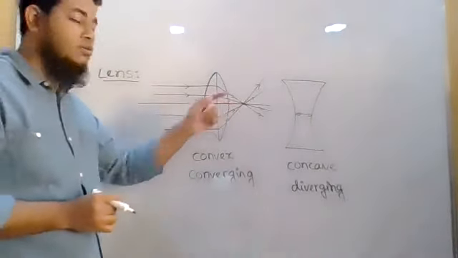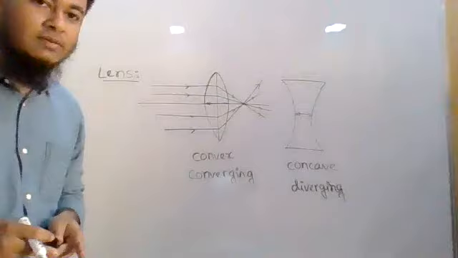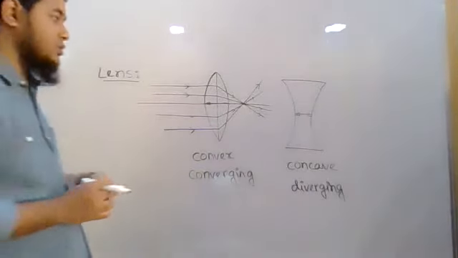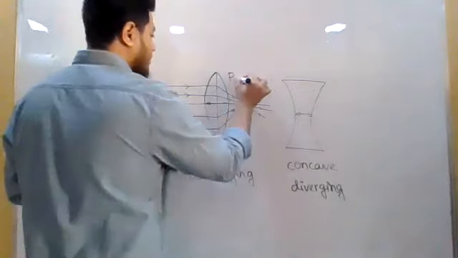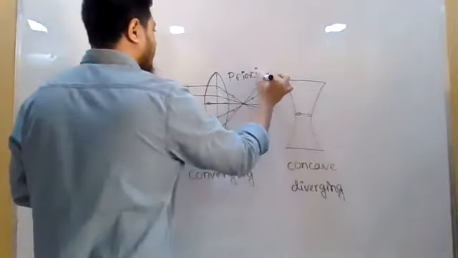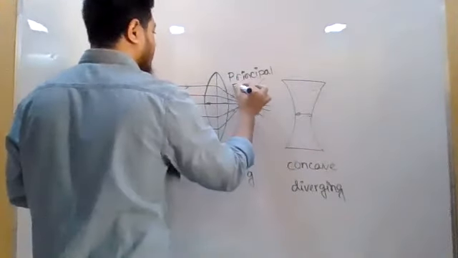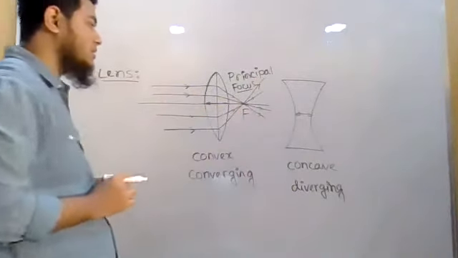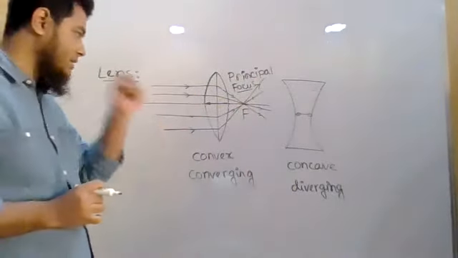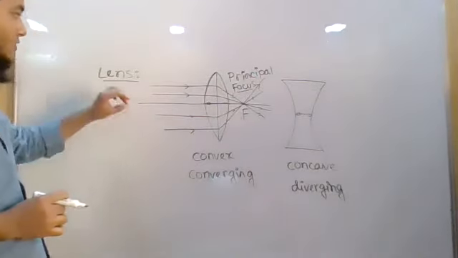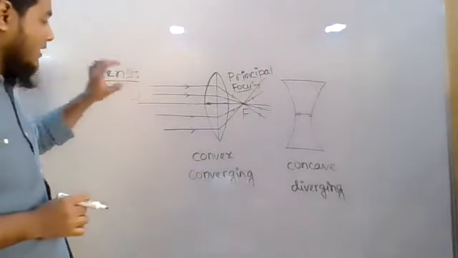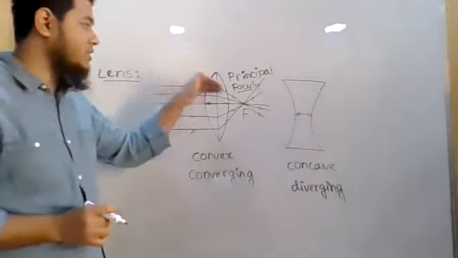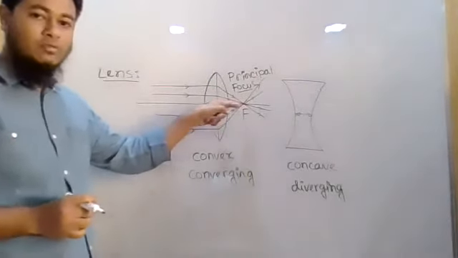And the point that it will pass through, can anybody tell me the name of that point? Focus. Yes, principal focus. We already learned this, right? Where the converging rays meet, that point is called the principal focus, and it is represented as capital F. So the rays that are incident parallel to the principal axis, after refraction, will meet at a certain point on the principal axis.